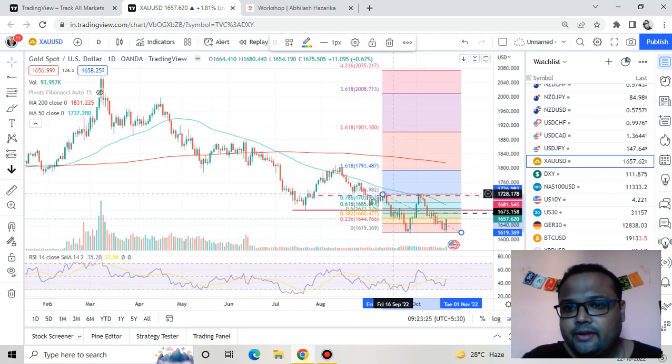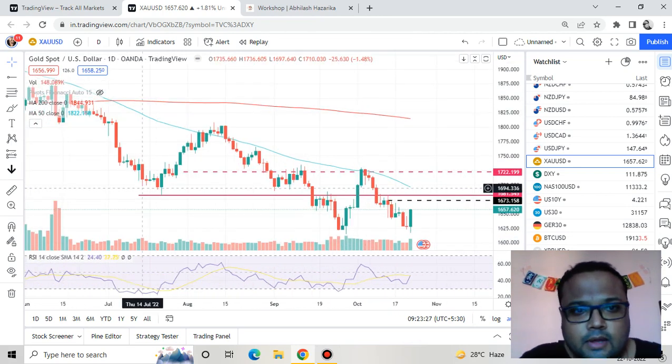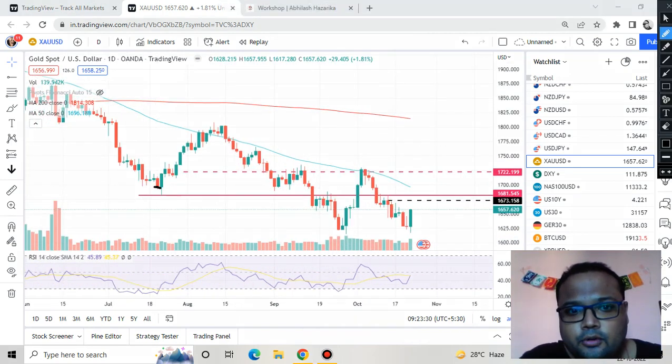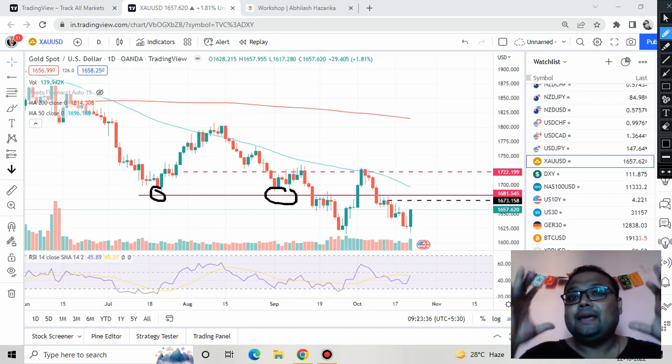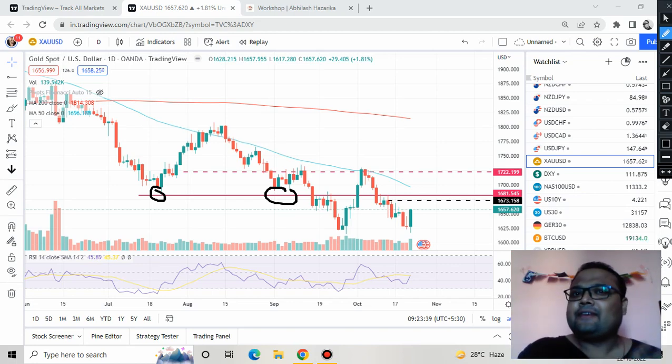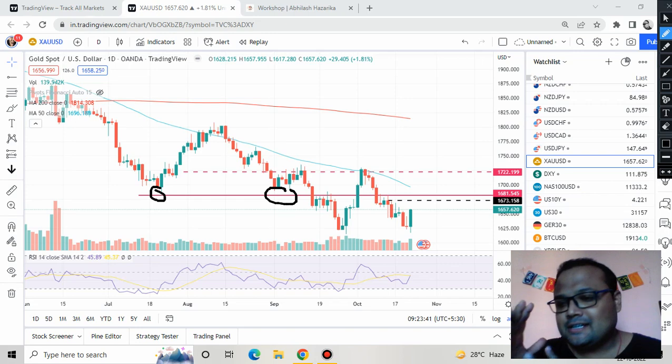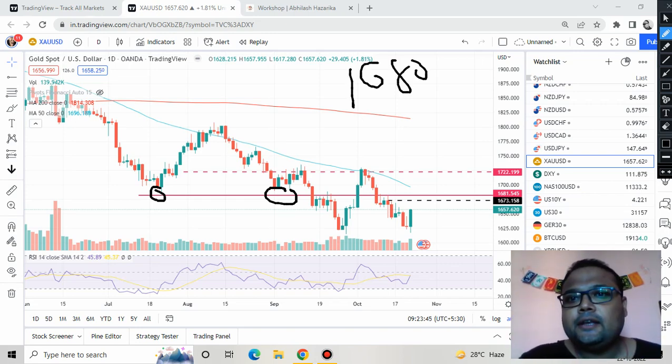But what do we have here? Previous support. We have got some previous support around this level. So yes, there is a possibility that if the market goes up, and if there is not a crazy up move like Friday, under normal circumstances the market may reverse from 1680 to 85.